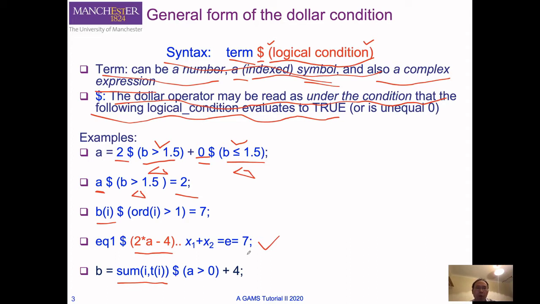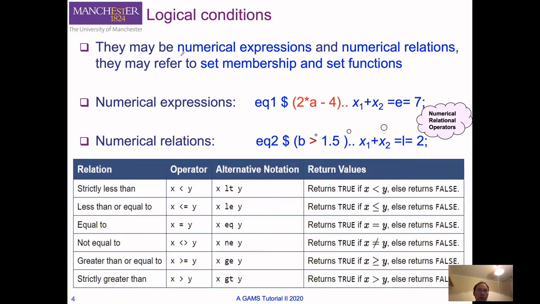Besides the dollar operator in the dollar condition, the other important part is the logical condition. The logical conditions can be numerical expressions like 2 times a minus 4 in this example. The logical conditions can also be numerical relations like b is greater than 1.5 in this example.